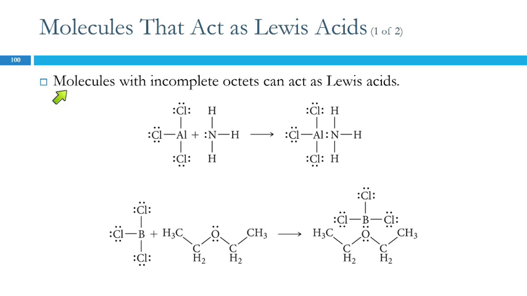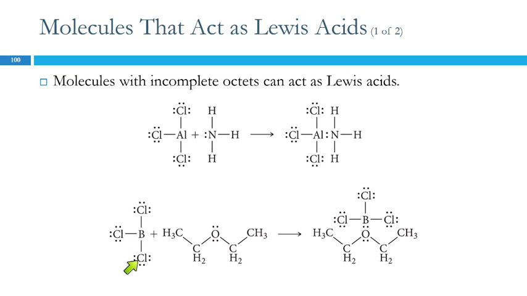So molecules that have incomplete octets will act as Lewis acids. So here we have aluminum trichloride, and aluminum has an incomplete octet. Look at its Lewis structure, it's only got 6 electrons here instead of 8. So this lone pair from nitrogen can come in here and complete that octet.